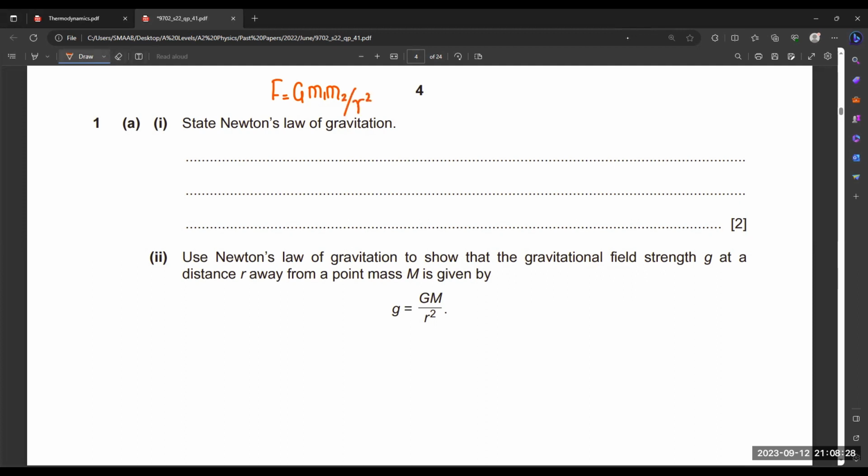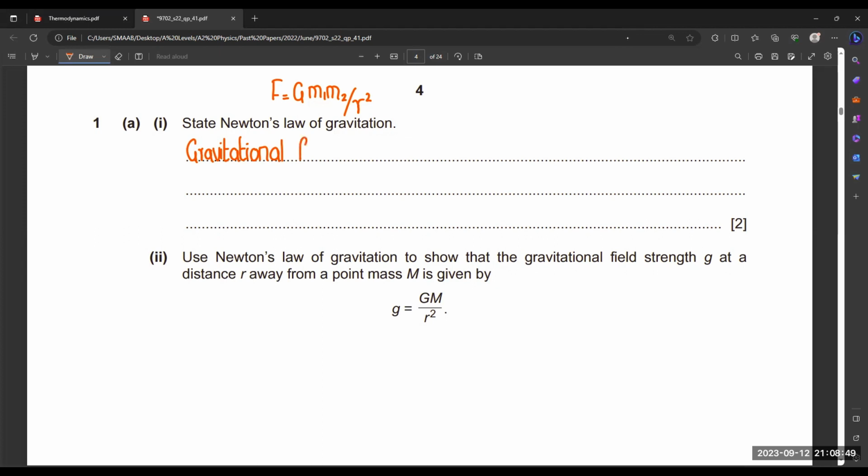And with the help of this law, you can easily write the statement. I'm writing it in short, just to save time, because you already have those notes of Newton's law of gravitation.